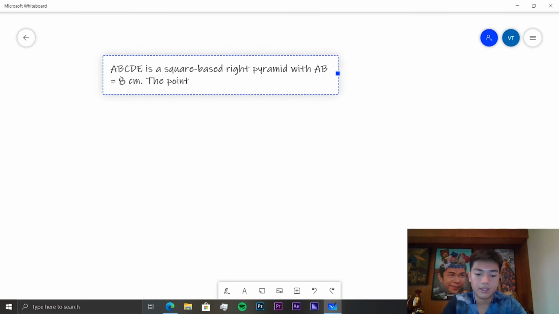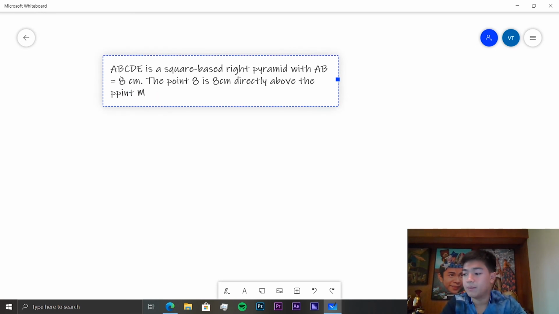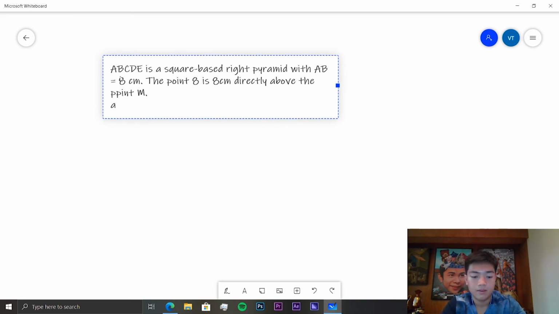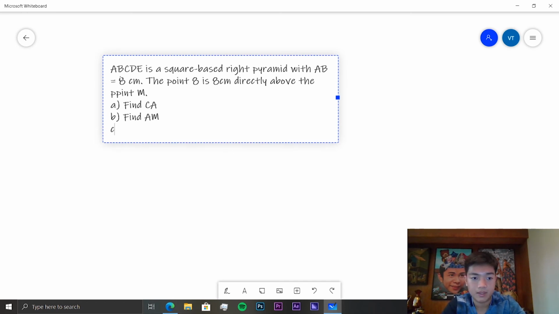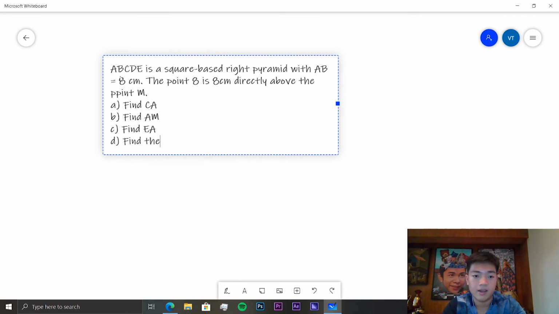The point E is 8 centimeters directly above the point M. Find CA, find AM, find EA, and D. Find the angle between EA and the base.